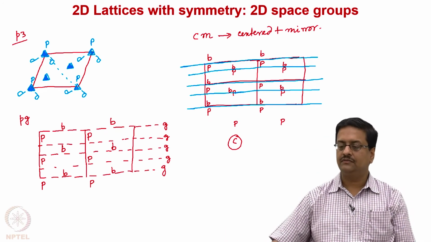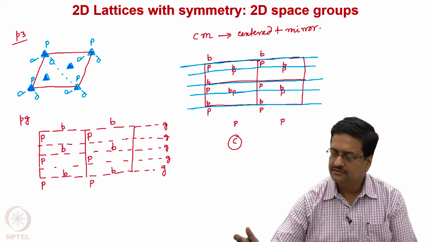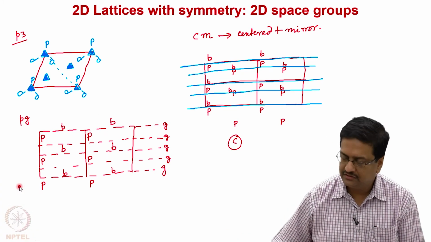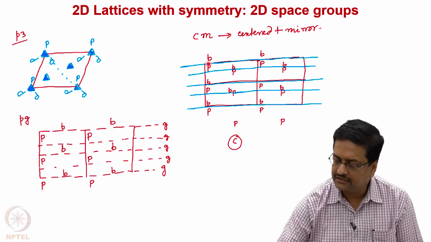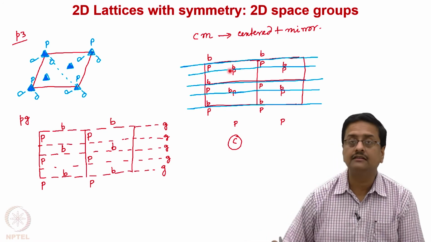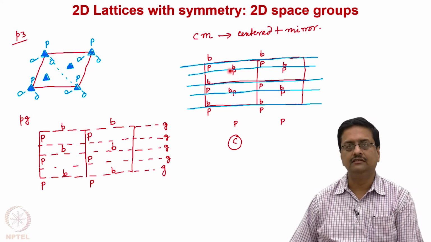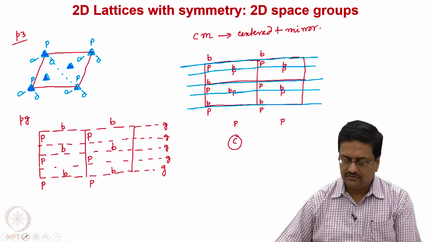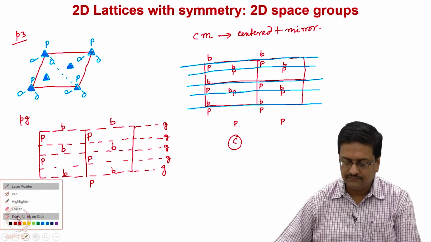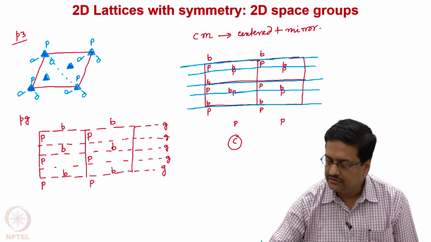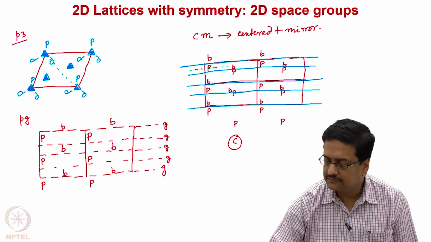In that process, what we see here, the point identified here and the point identified there, they are further related by a glide in between. So, if we try to draw this glide with a different color, the glide should come like this.